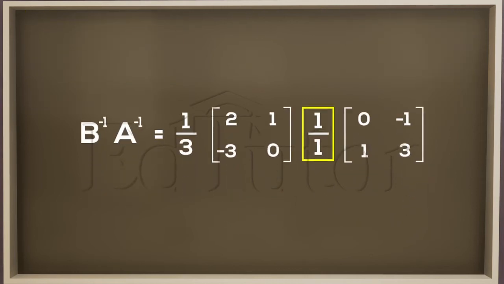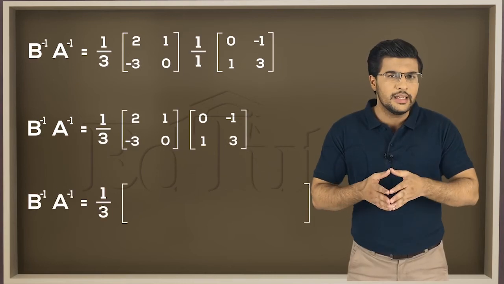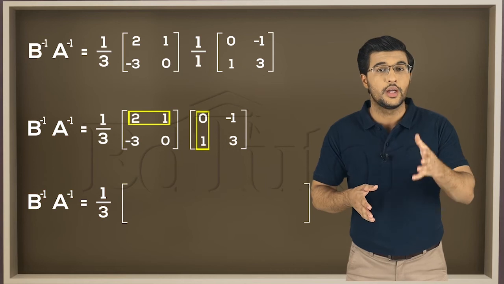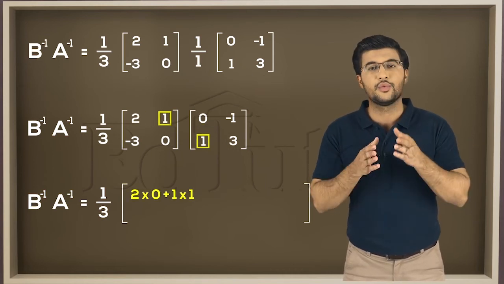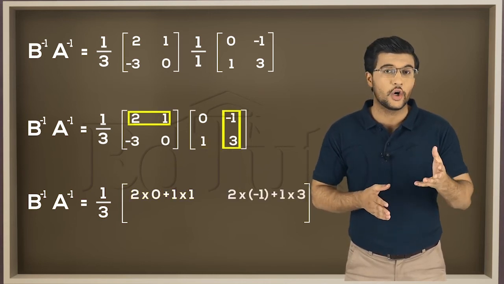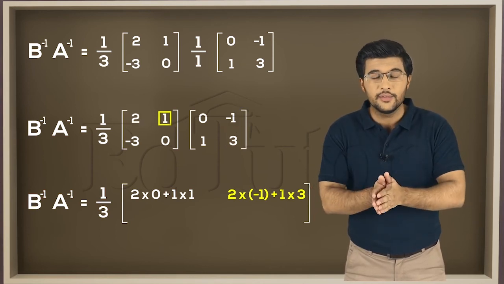We can ignore this 1 upon 1, but in case it were anything else, we would take the fractions together at the left side like this and multiply them. For the final step, multiply the matrices, taking the first row, first column and multiplying 2 with 0 and 1 with 1. Next, do the first row, second column by multiplying 2 with -1 and 1 with 3.